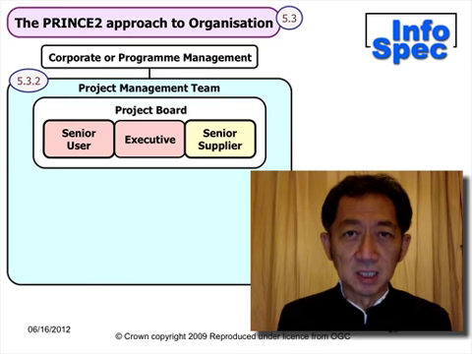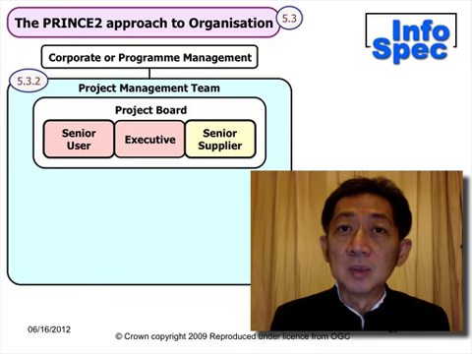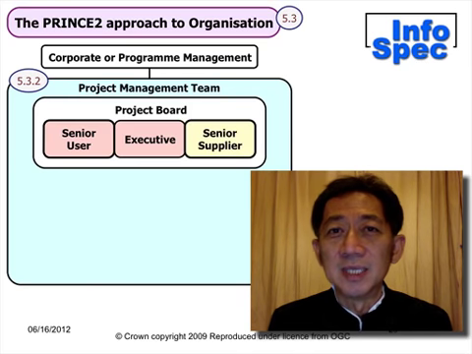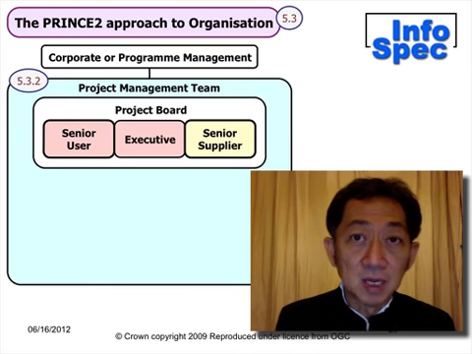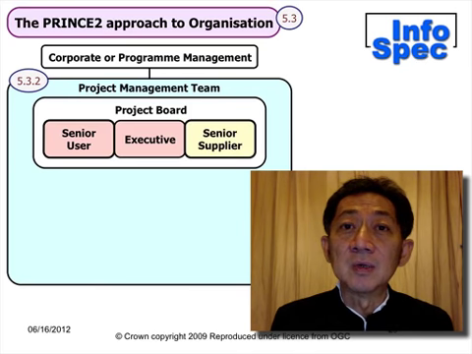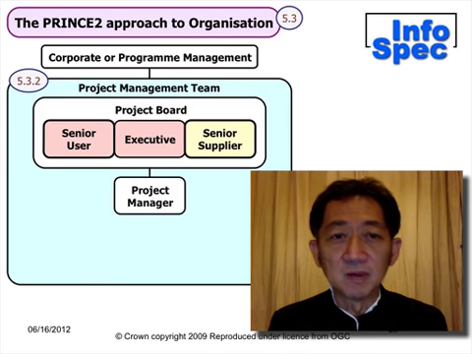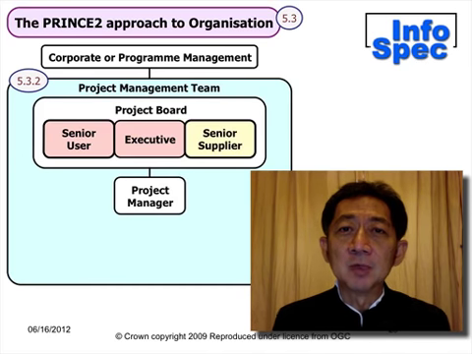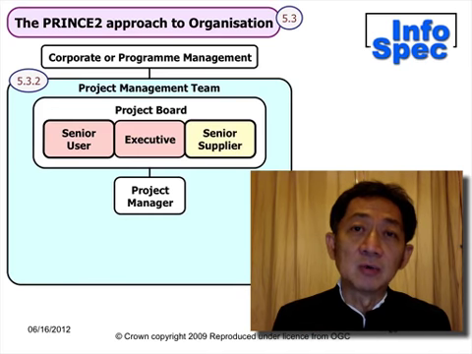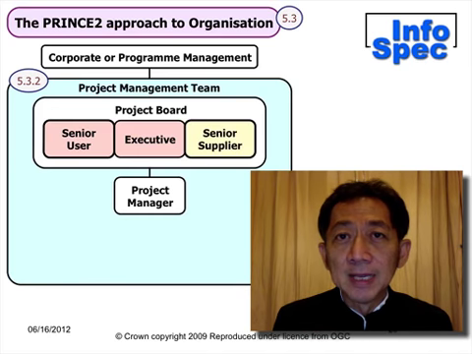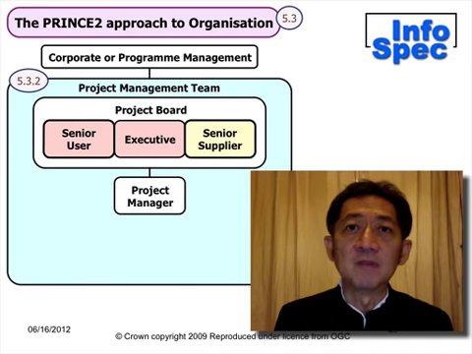He is in turn assisted by the senior user that comes from the end user department or section of the organization, and the senior supplier who represents the supply side, who are going to be building or delivering the outputs of the projects. The project manager, which most people tend to focus their attention on, quite rightly so, is the person who's going to be doing the day-to-day managing of the project.